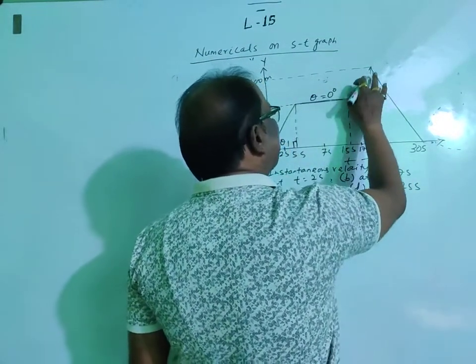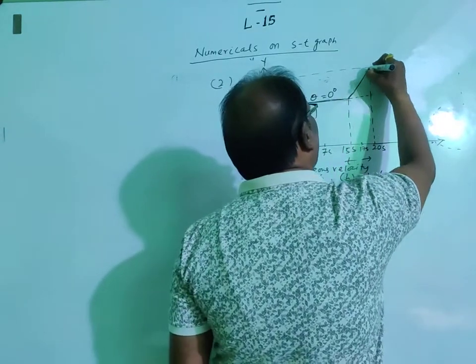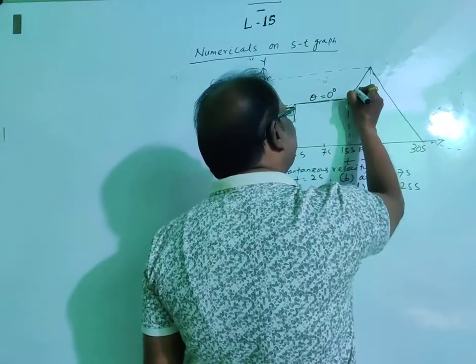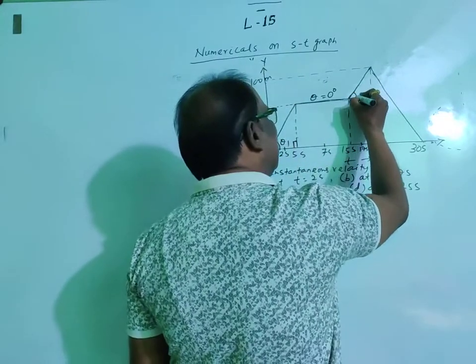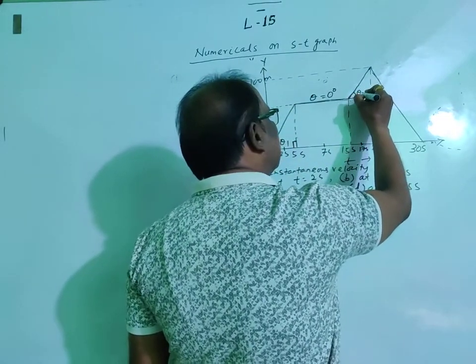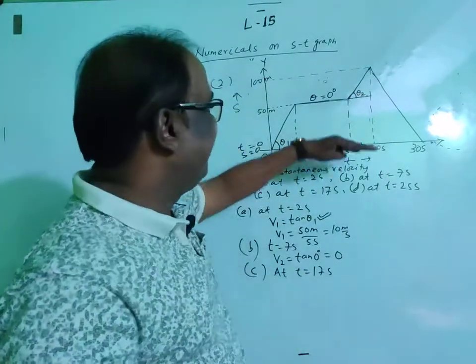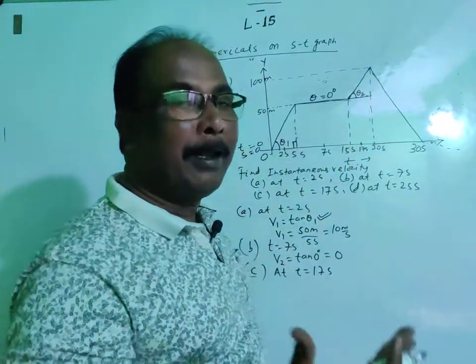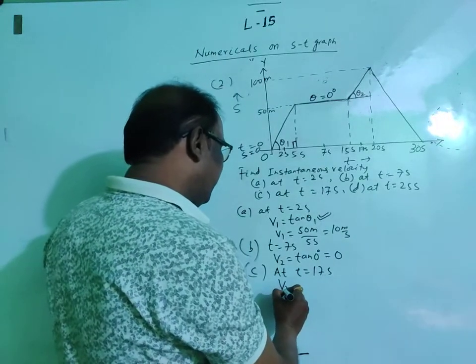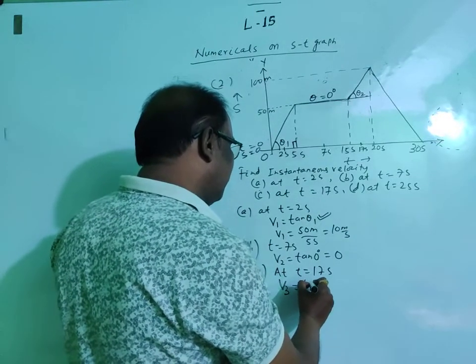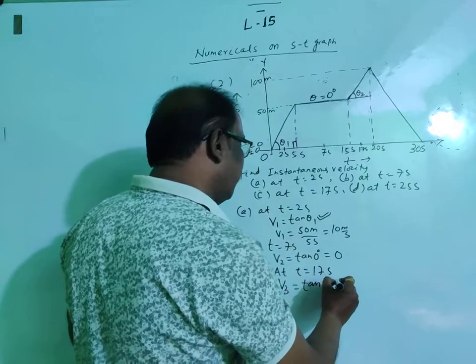Considering 17 seconds here, the graph is a straight line, and here the graph makes a constant angle with the time axis, and that angle is theta 2. And here velocity, let v3 be equal to tan theta 2.